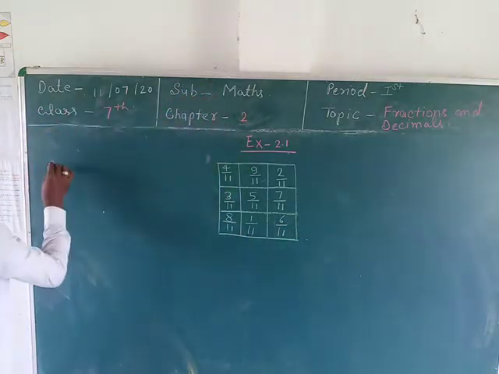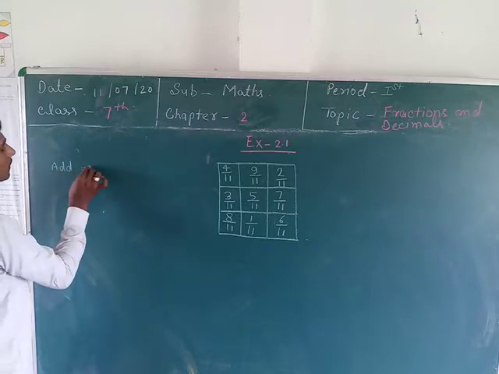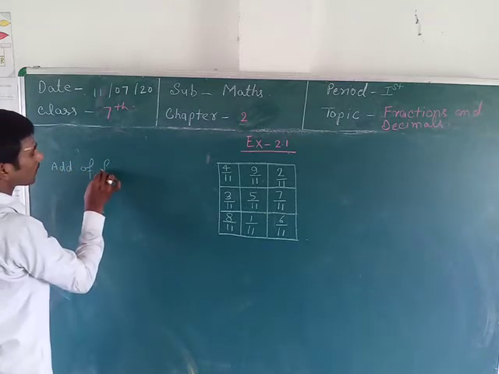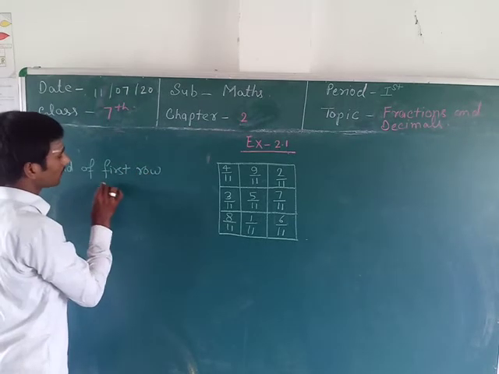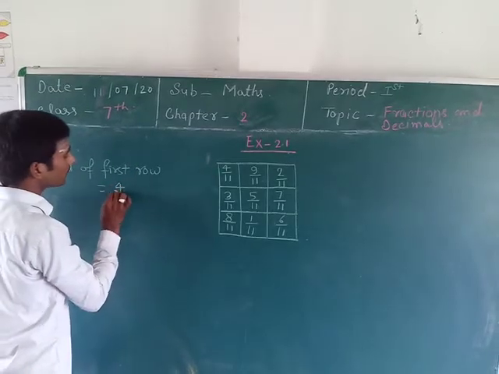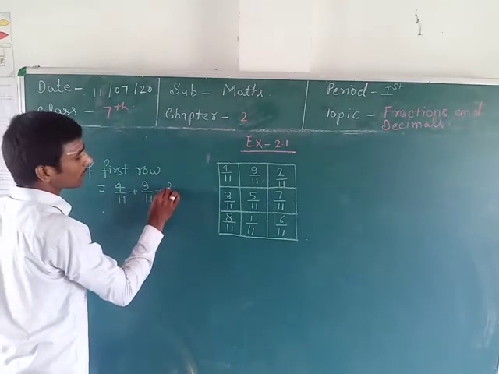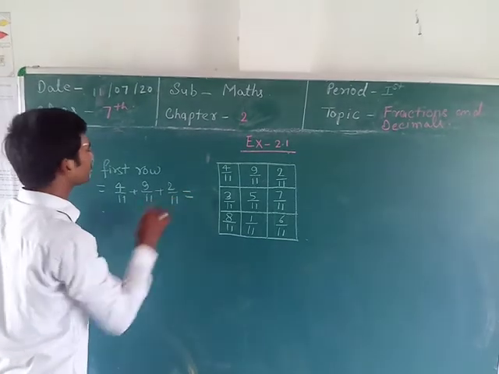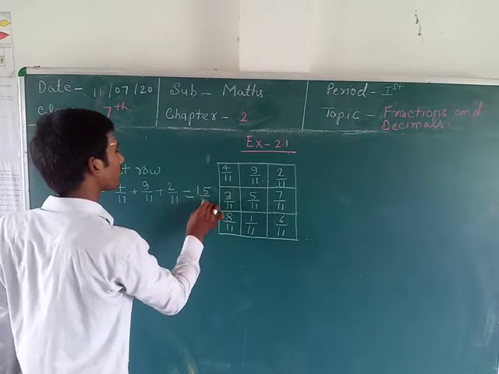First, add up first row. Means 4 upon 11 plus 9 upon 11 plus 2 upon 11 means we get 15 upon 11.